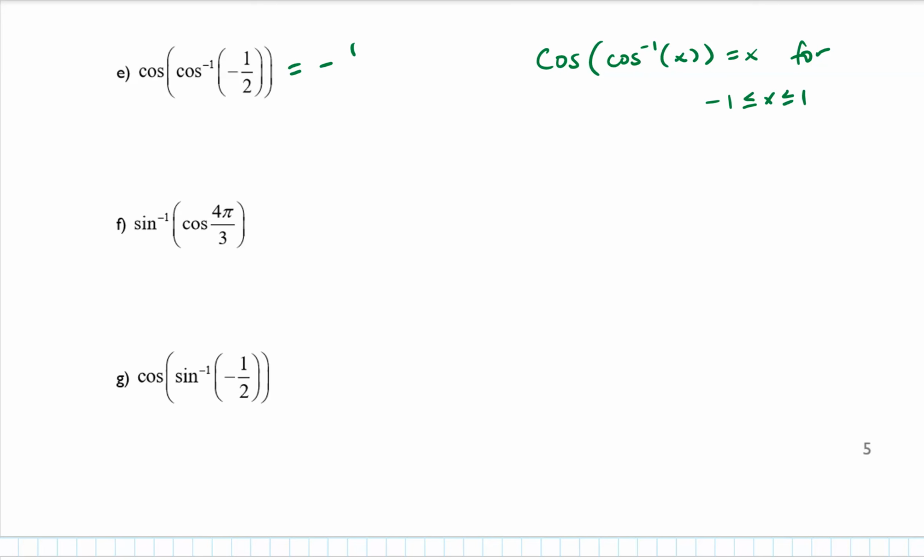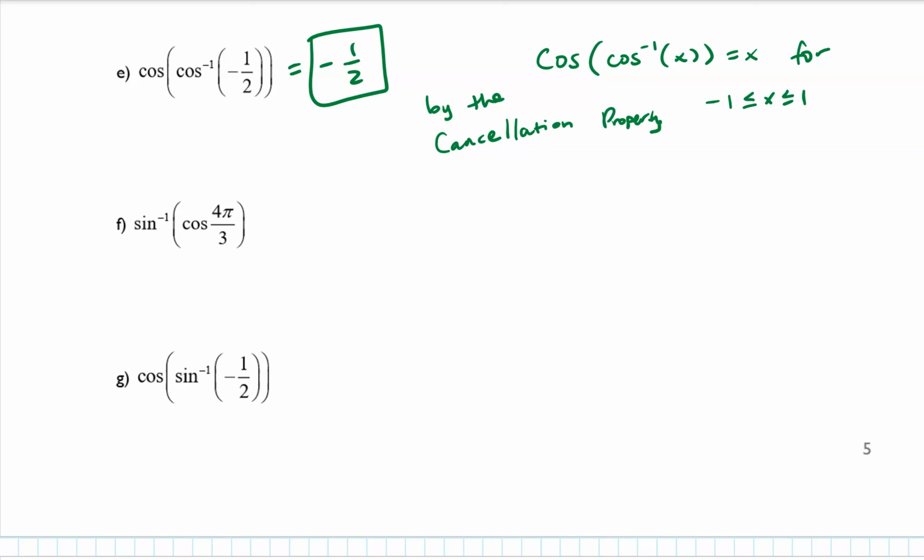And so this is just going to equal negative 1/2 by the cancellation property.